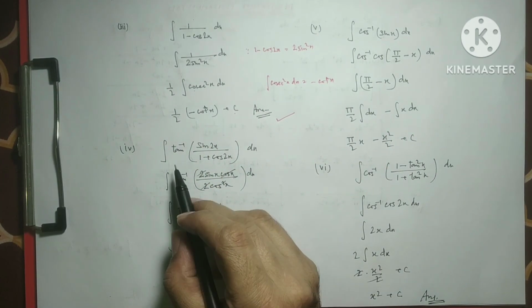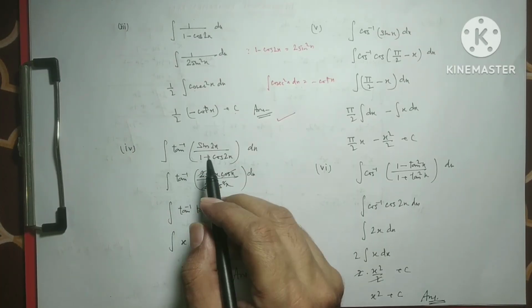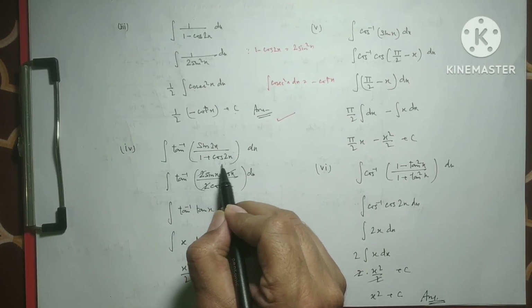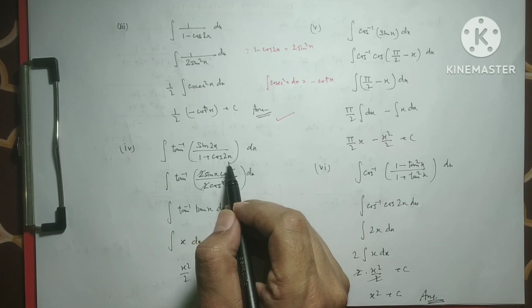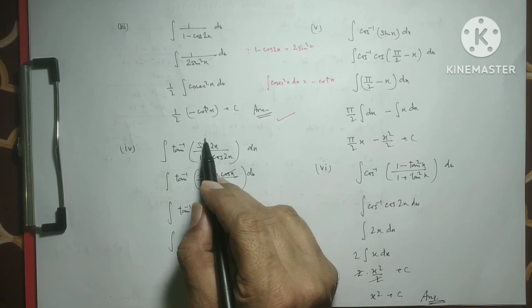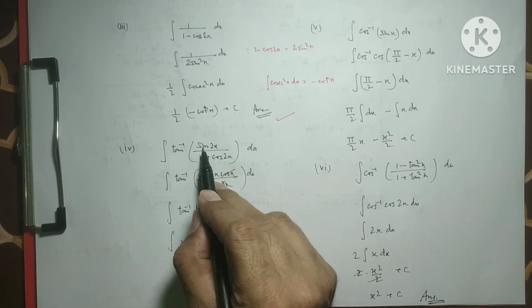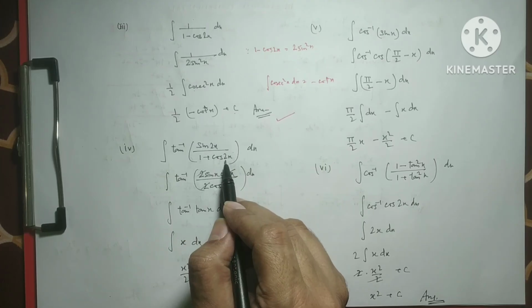Now the next part is tan inverse of sin 2x over 1 plus cos 2x. So for simplification, we will use the formula of sin 2x and 1 plus cos 2x.